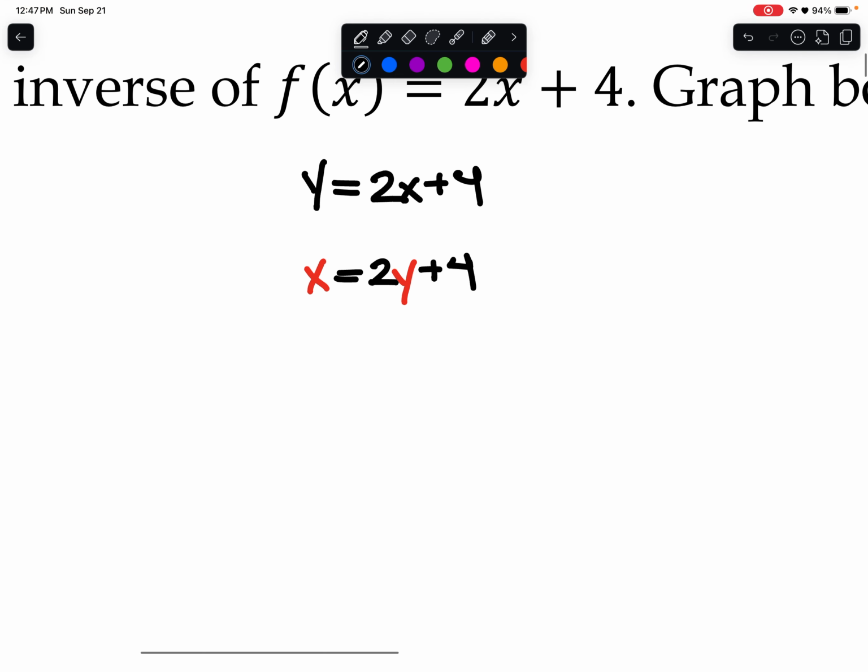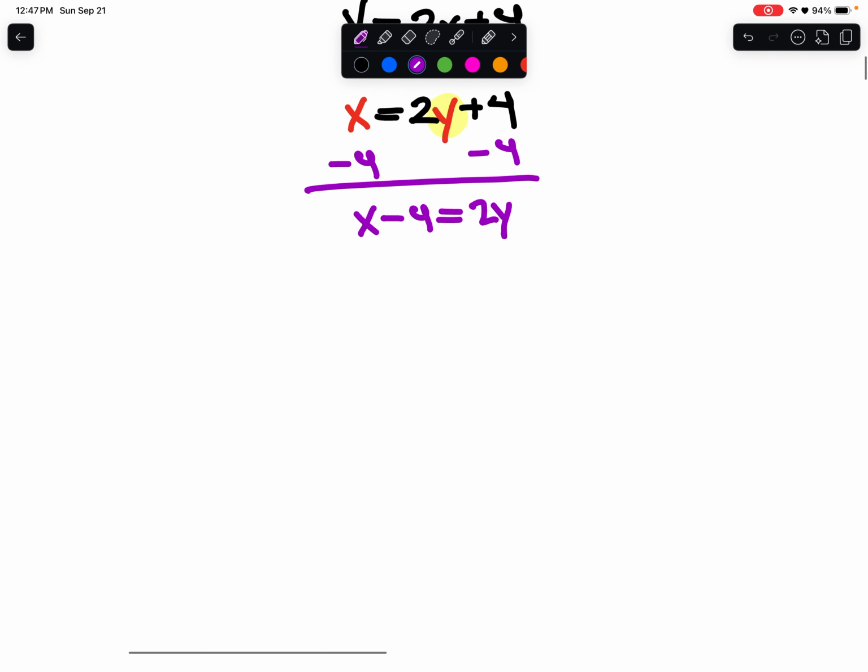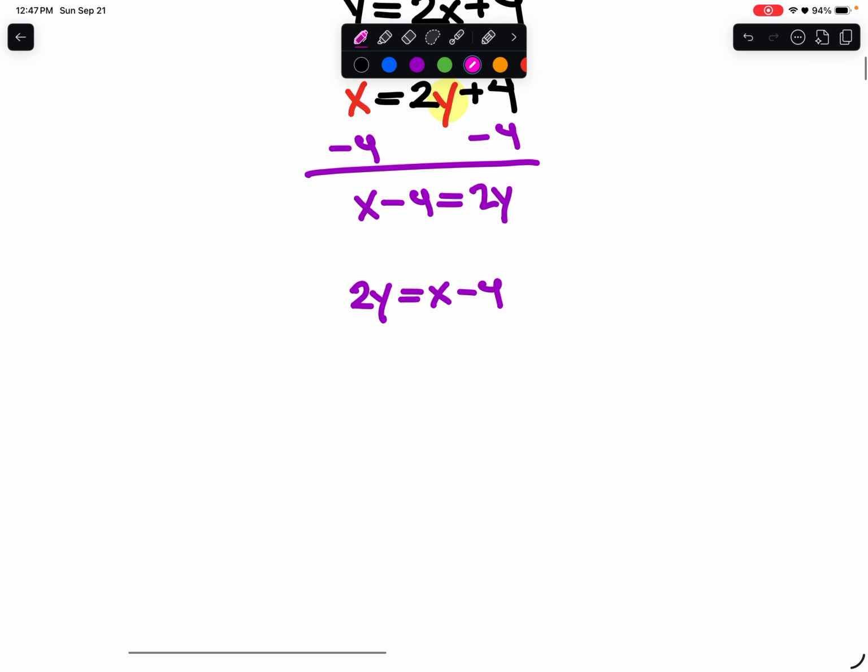Once you flip them, you're going to solve for this y value, so you do your inverse operations. I'm going to, of course, subtract 4. So x minus 4 equals 2y. I'm going to flip the sides because we always want the variable we're solving for on the left side. And then I still need to get rid of this 2, so I'm going to divide everything by 2.